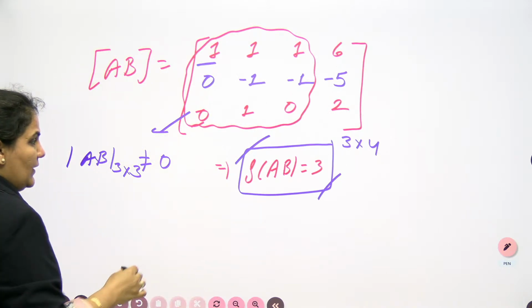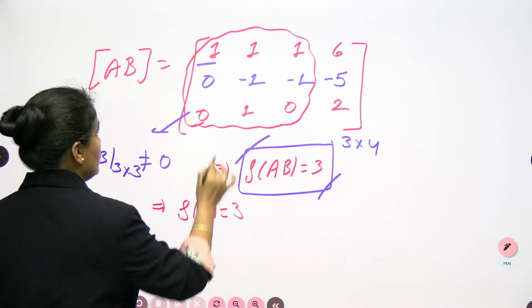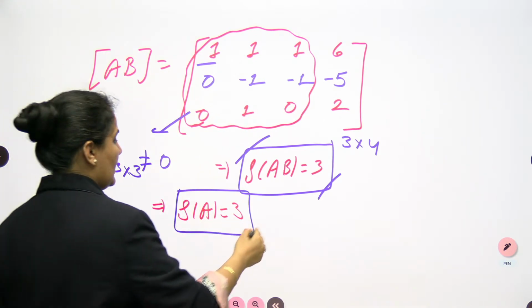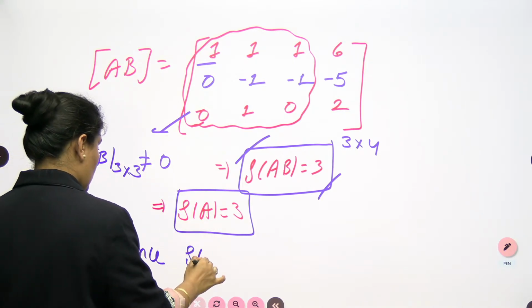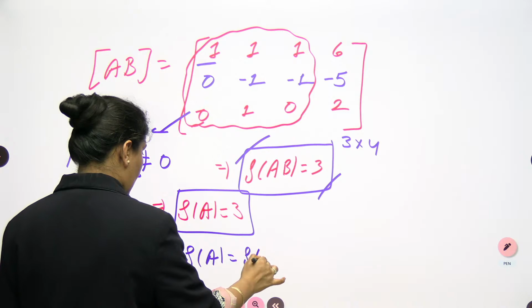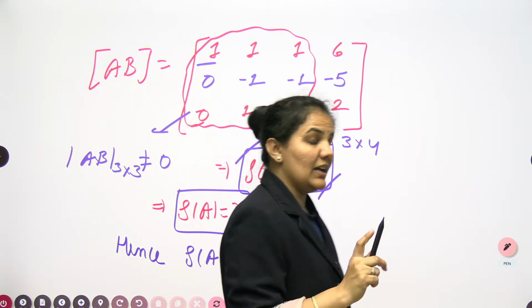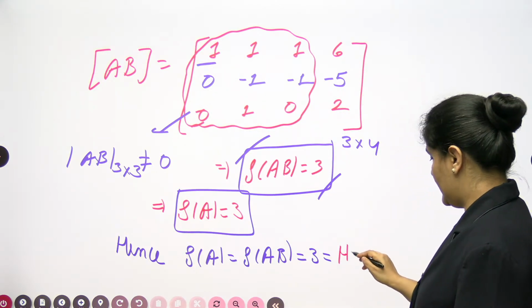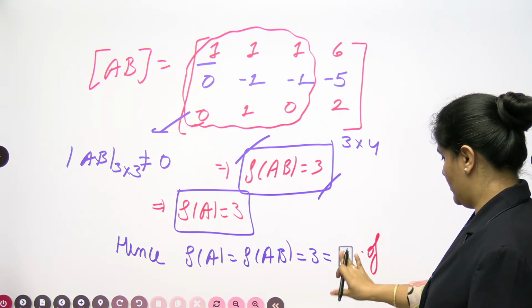So I can see rank of AB is 3, and definitely rank of matrix A is also 3, because this is ultimately the A only. So rank of A equals rank of AB equals 3, and the number of unknowns X, Y, Z is also 3, which is equal to the number of unknowns.